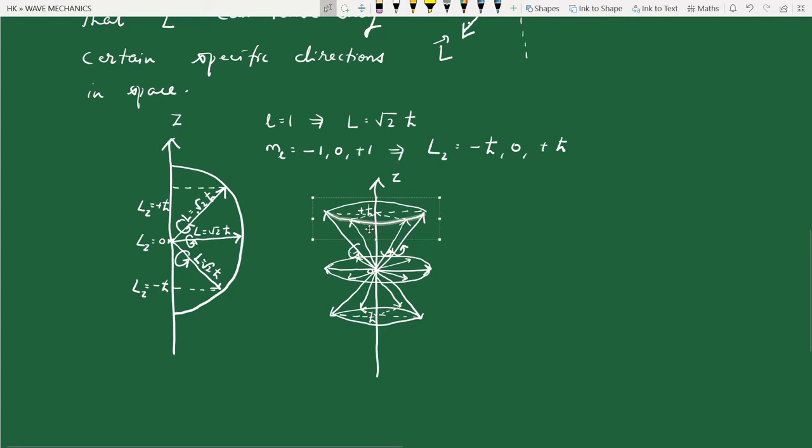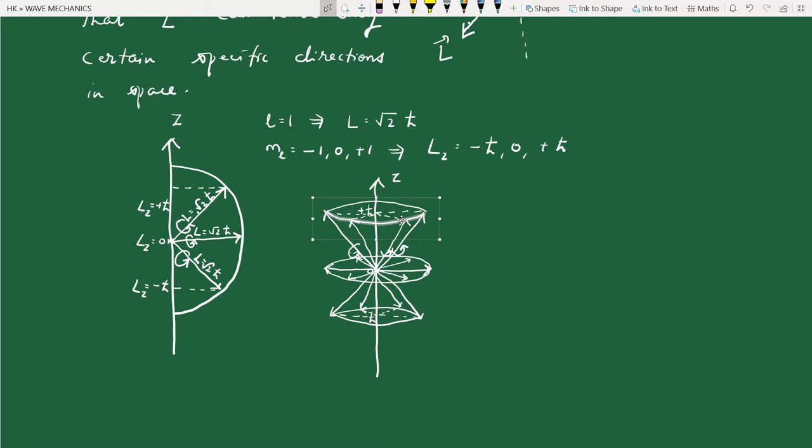So if you visualize the orbital plane, the plane will be precessing or wobbling around the z-axis. Let us try to visualize this precession: it will be like the precession of the plane of a spinning top.